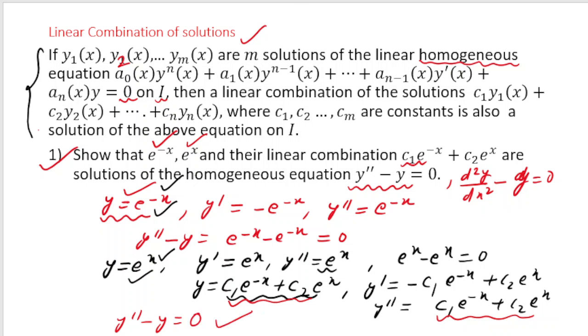So we have just proved a very interesting and important result: if we have different solutions of a homogeneous linear differential equation, then its linear combination is also a solution.